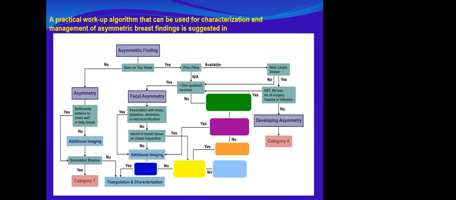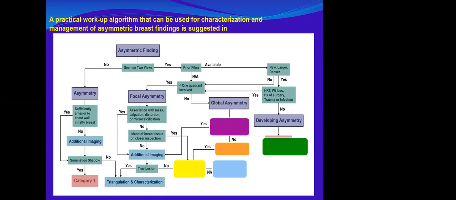If it is no, additional imaging. If it is associated with these findings, we also have to go for additional findings. And if it is a true lesion, we have to go for triangulation and characterization.